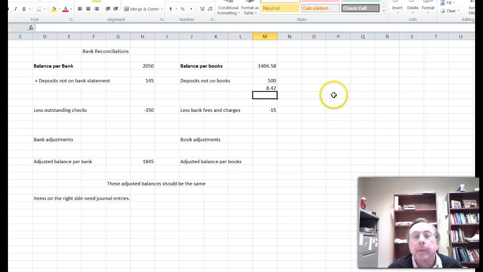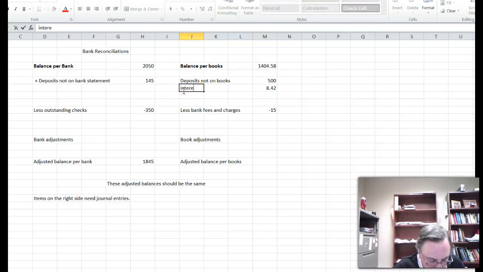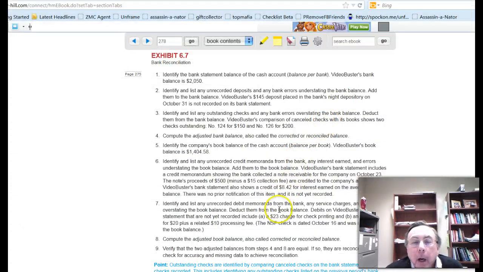Let's just put interest, so we remember what it is. Let's go back to our problem. Identify and list any unrecorded debit memorandum from the bank: service charges, errors overstating the book balance. Deduct them from the book balance.